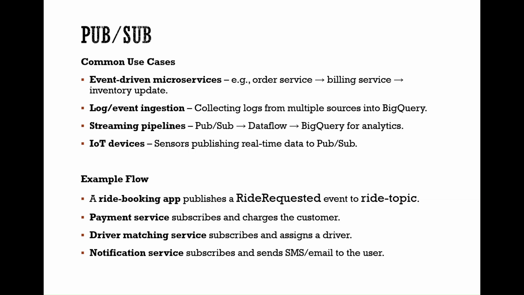And then the notification service will send SMS and emails saying you are requesting a cab, this is your driver information, and this is your payment information. So these three things are happening at the same time but are not linked to each other. They are just subscribed to a topic and all three services are doing their tasks simultaneously without being interconnected. So that's how this flow explains the beauty of Pub/Sub.